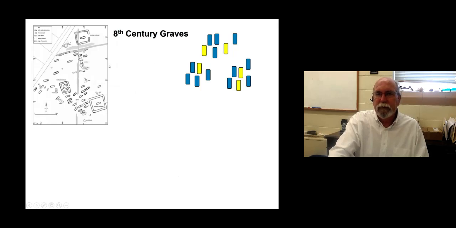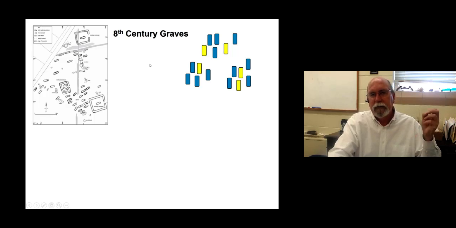One was really fun. We were given data from some grave sites, some 8th century graves, in what's now Hungary. And there was a big fight going on at the time between some anthropologists about what the pattern was in these grave sites. One idea was that there had been an invasion. Some peoples had come in, assumed the properties of others and made the others servants to them, right?